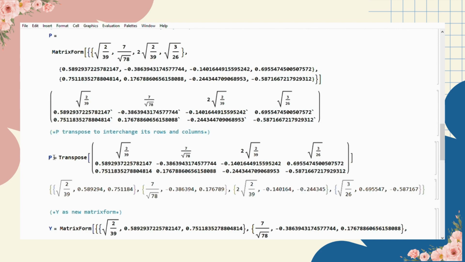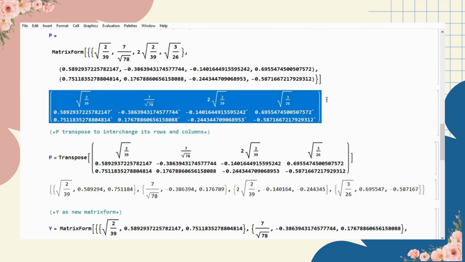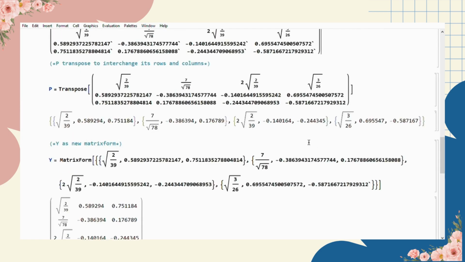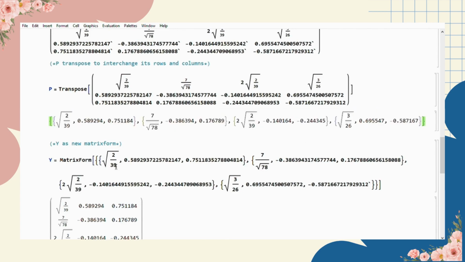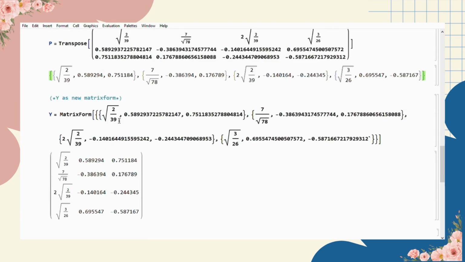So, to write it like this, P transpose is the transpose of this matrix, and we got the answer like this. So, I denoted Y as a new matrix form, which is what we get after we transpose the matrix, and the answer will be like this.